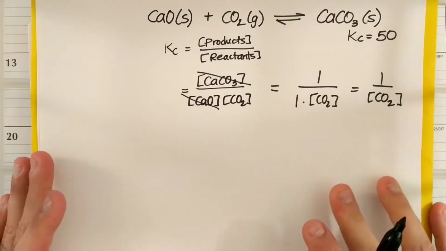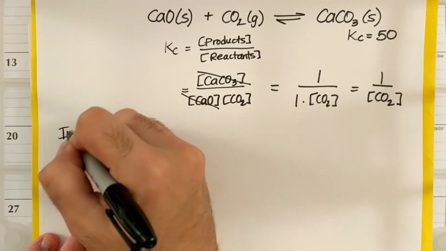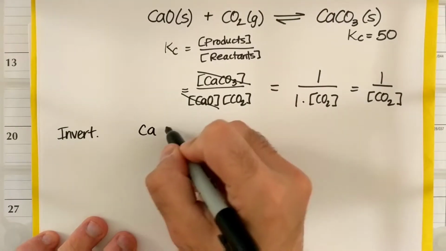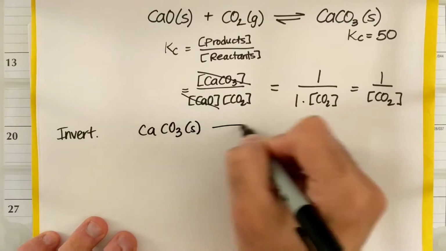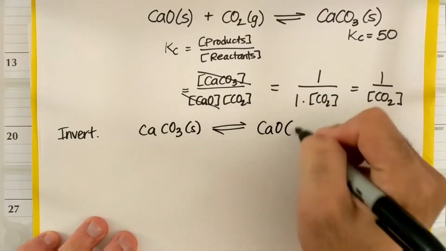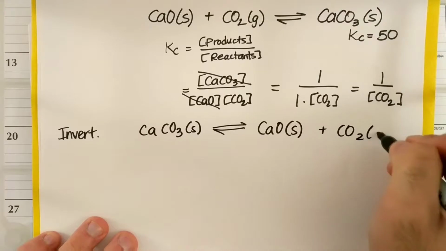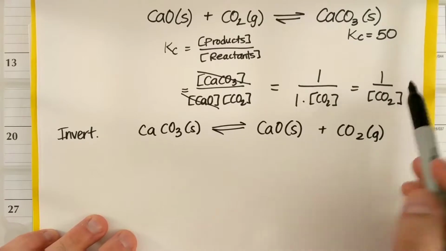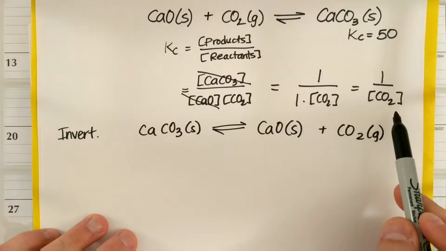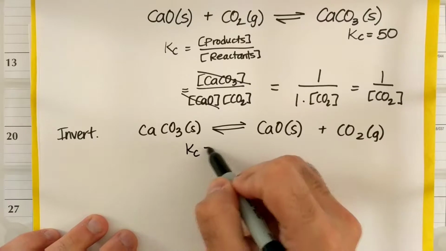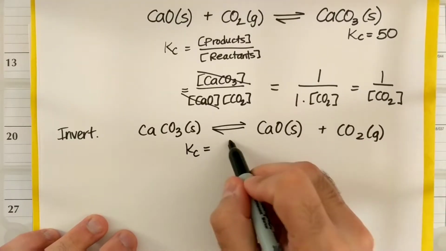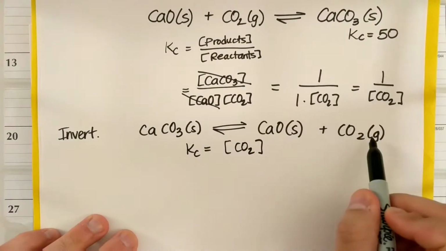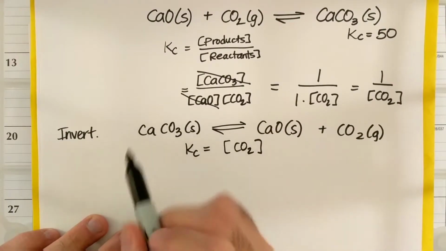All right? So now let's say I want to invert the equilibrium expression. If I'm inverting, I'm going to do CaCO3 solid in equilibrium with CaO solid plus CO2 gas, and I wrote up here that the Kc is 50. Well, my original equilibrium expression was 1 over CO2. This Kc would be equal to just CO2, because this is the only thing in my products, and I don't even include that in my reactants.